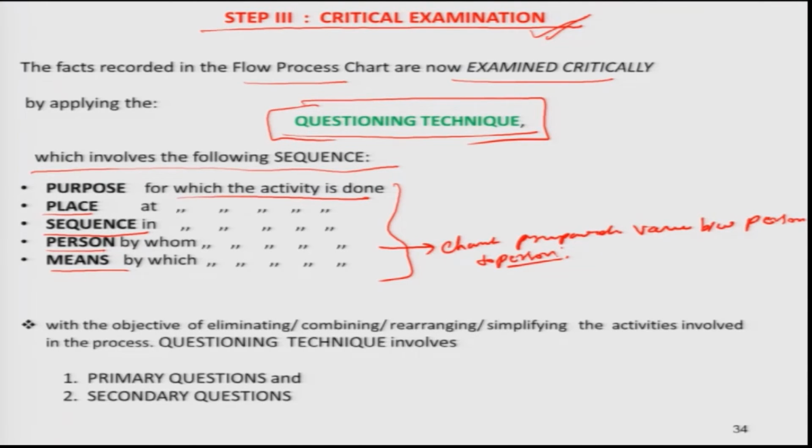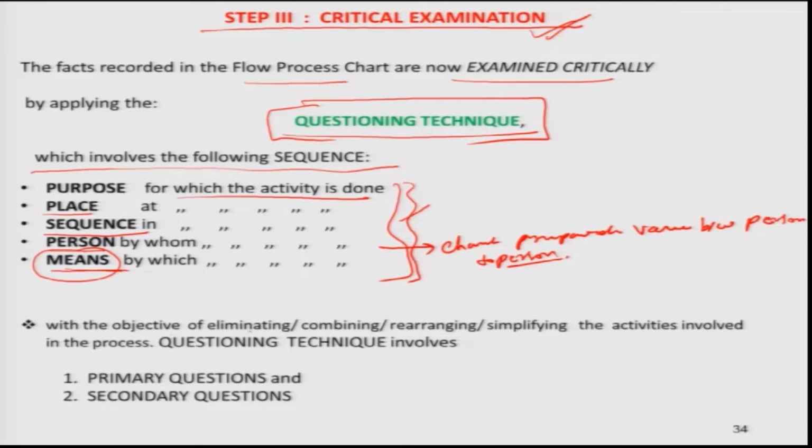A skilled and experienced person may be more suitable for making a chart and will make it more efficiently. Then the means by which you are making this chart. These are several questions you should have in mind while examining your chart.